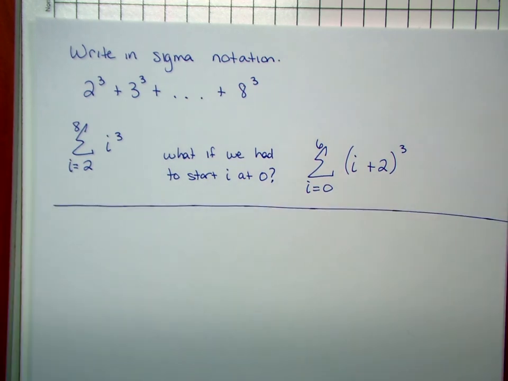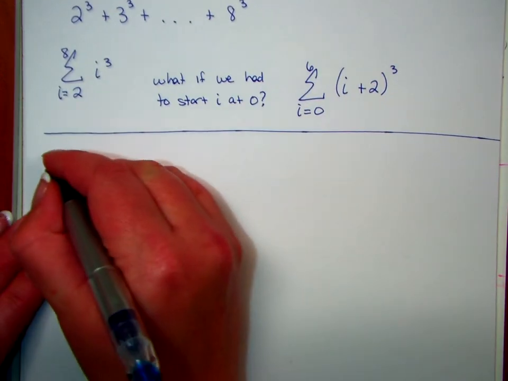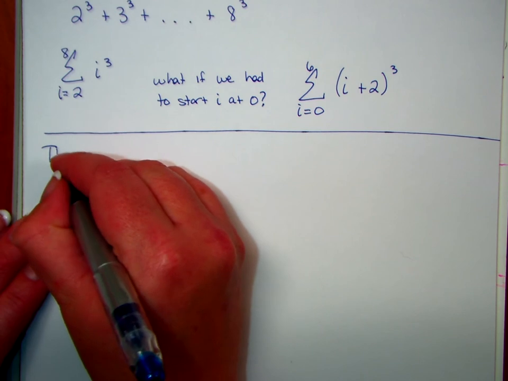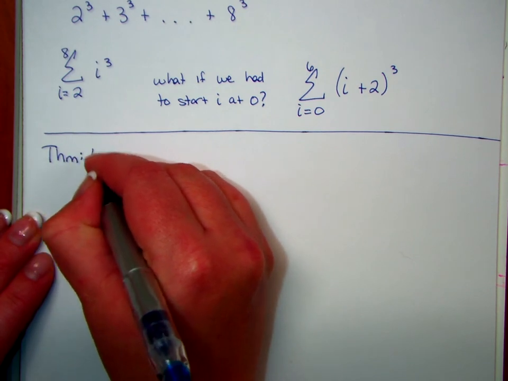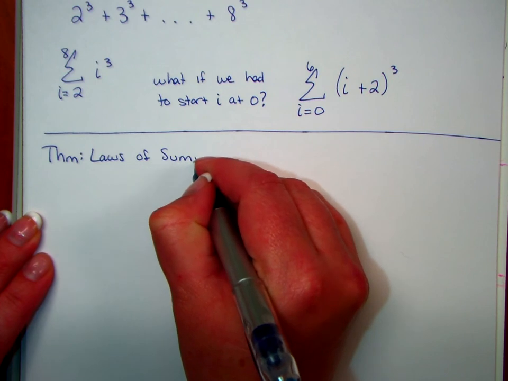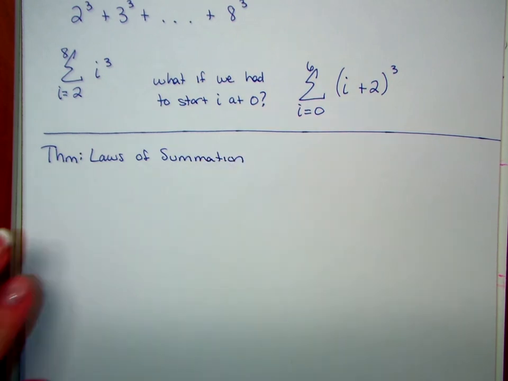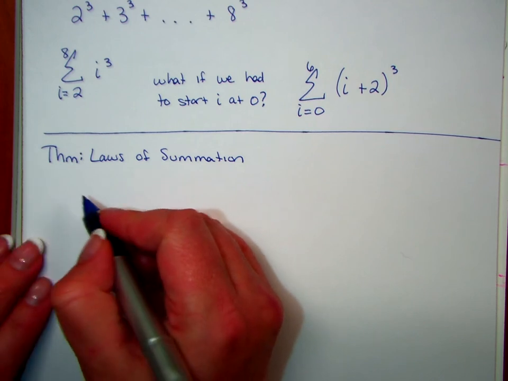All right, so I think I'm going to end this video and start a next one, but I'd like to end this one with some laws of summation. It's a theorem, and those laws are 3 of them.